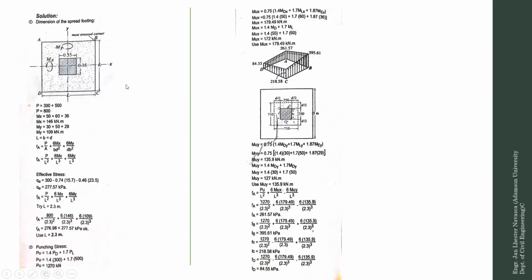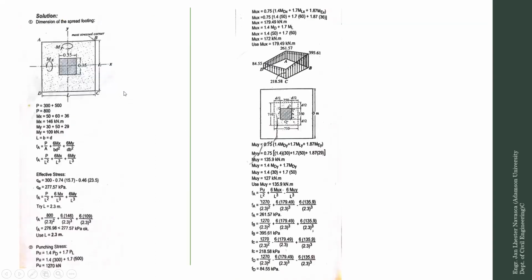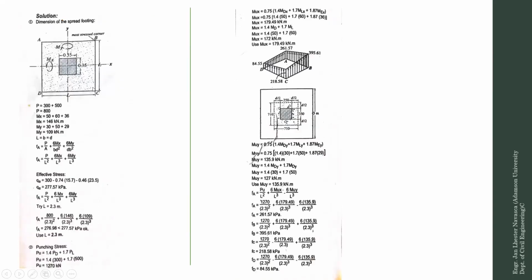And the total moments in the y-axis is basically 30 plus 50 plus 29, which is equal to 146 and 109 kilonewton meter respectively. Okay, we want to simplify our answer, and gusto natin that our B and L are the same.